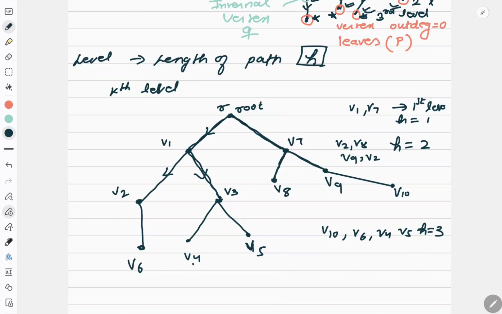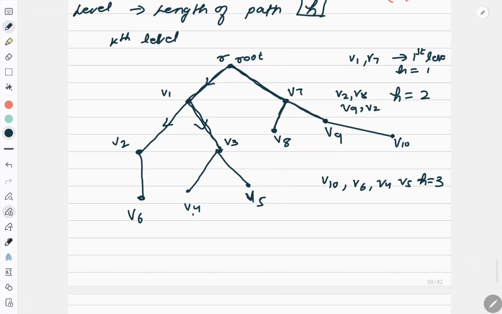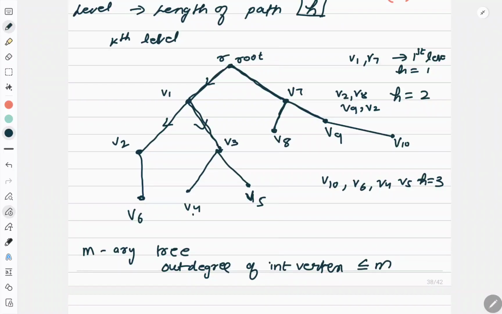Okay. Now here we will understand one more extra thing, which is known as the M-ary tree. What is an M-ary tree? If the out degree of every internal vertex is less than or equal to m, then it is known as an M-ary tree.